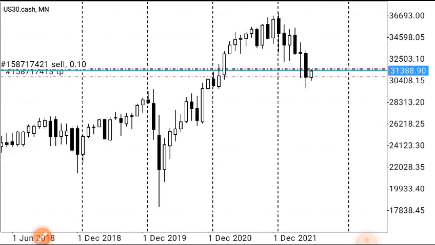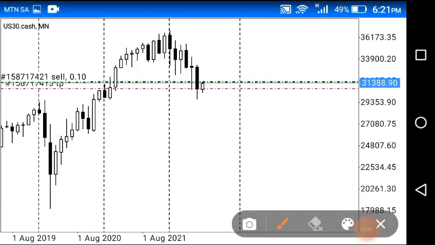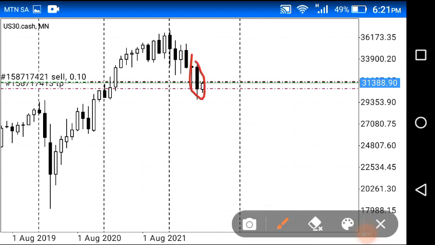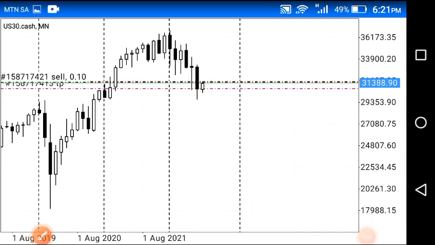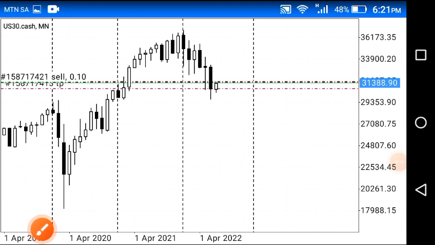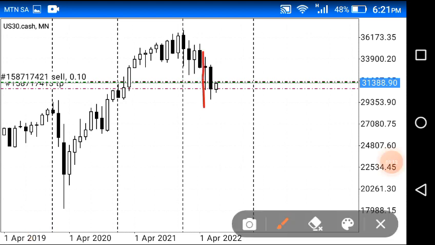As I said, I have the monthly chart open, and in my previous video I spoke about this candlestick over here. It is a very strong bearish candlestick, and I mentioned that the reason we had this move is because we had this candlestick over here.